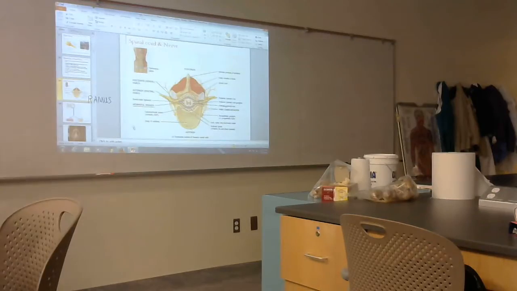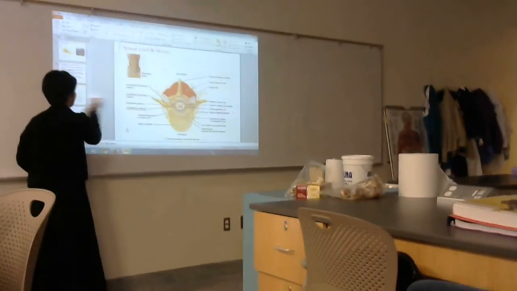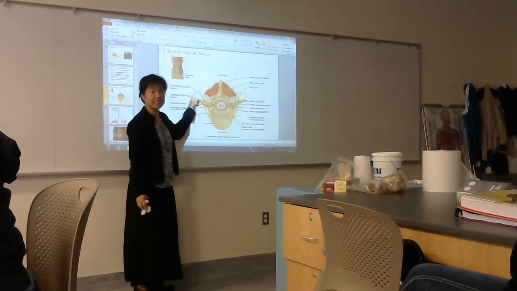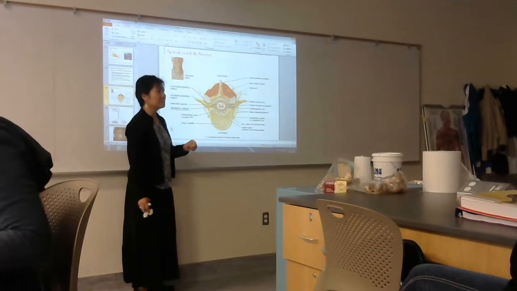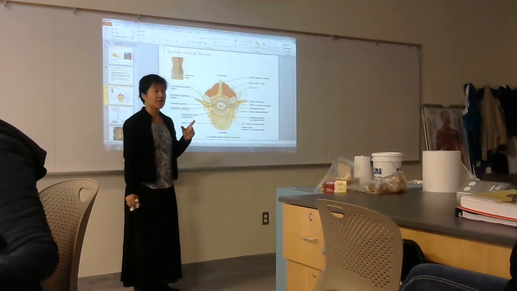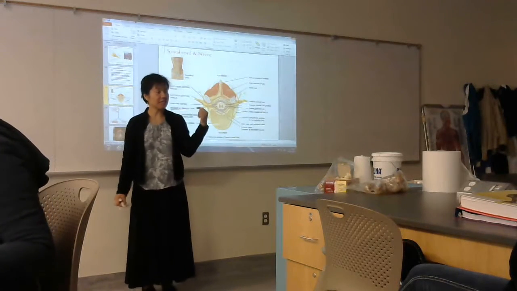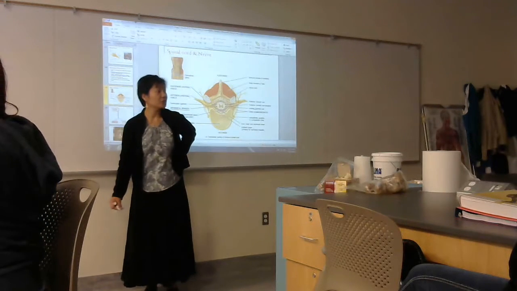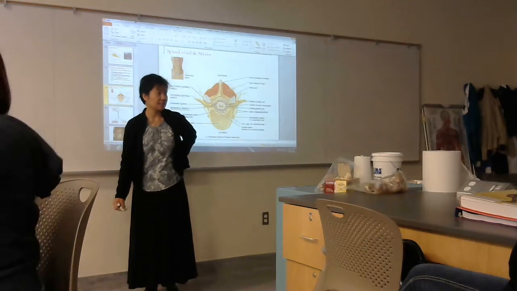So this ramus, as it leaves, the ramus branches. The ramus that innervates the back is called dorsal ramus.